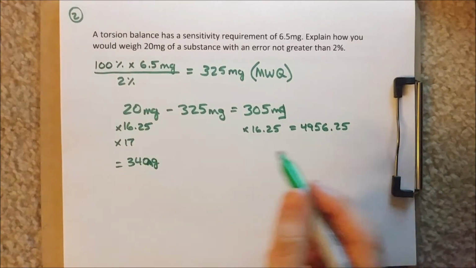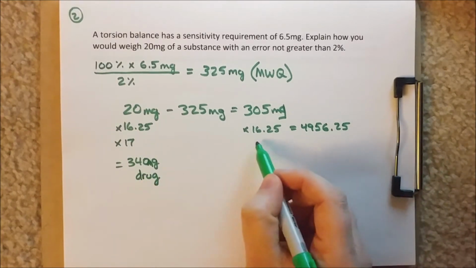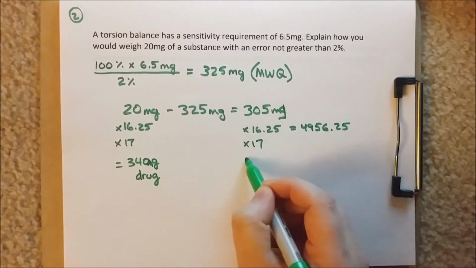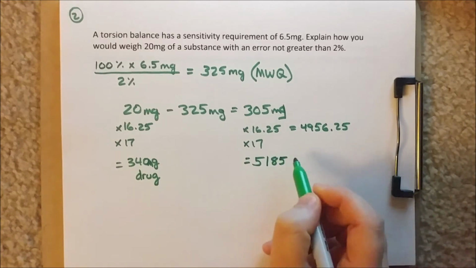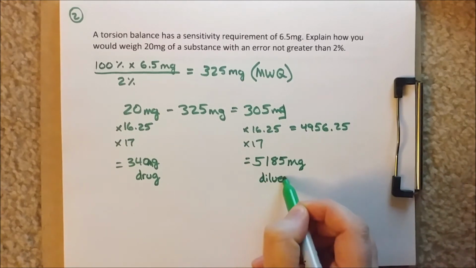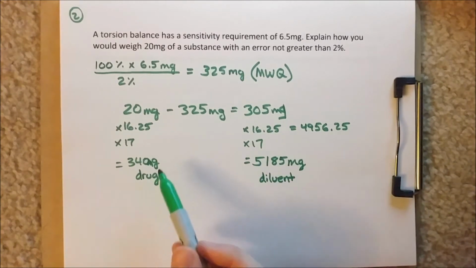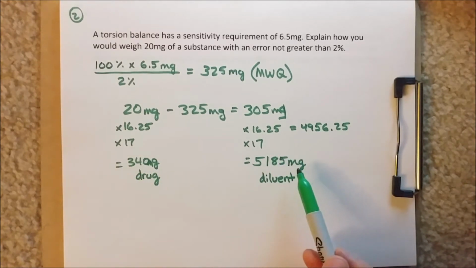Milligrams, not grams, of drug. And this would be 5,185 milligrams of diluent. So this is how much drug you would weigh out. This is how much diluent you'd weigh out.